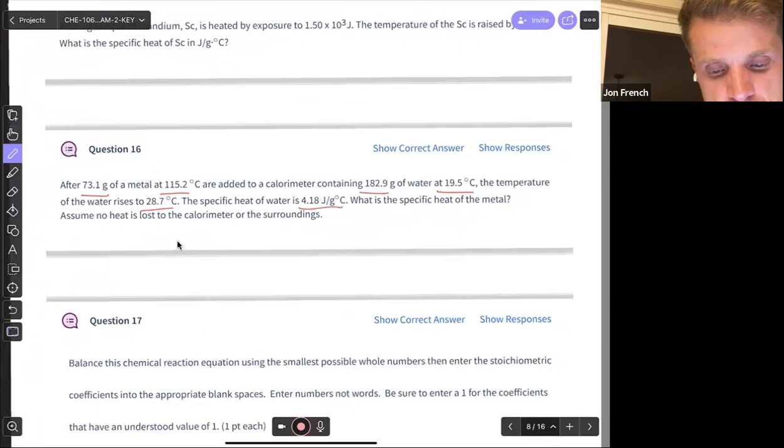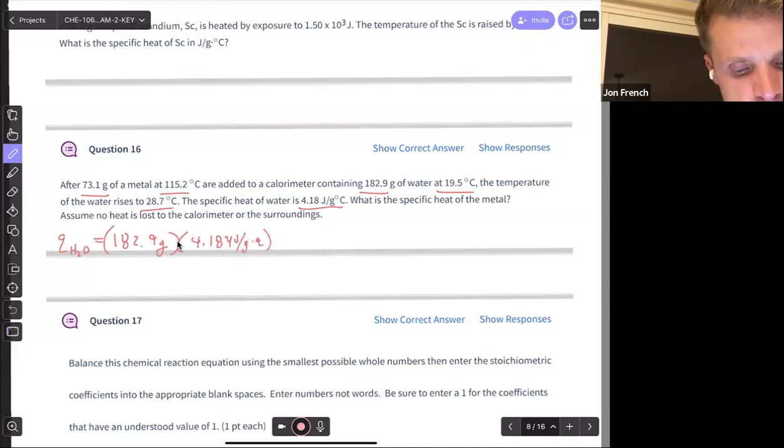And we know the heat capacity. So, right, we're going to find Q for the water. Q for the water, the mass of the water, 182.9 grams of water. The specific heat, 4.184 joules per gram per degree Celsius. And the delta T of the water goes from 19.5 all the way up to 28.7.